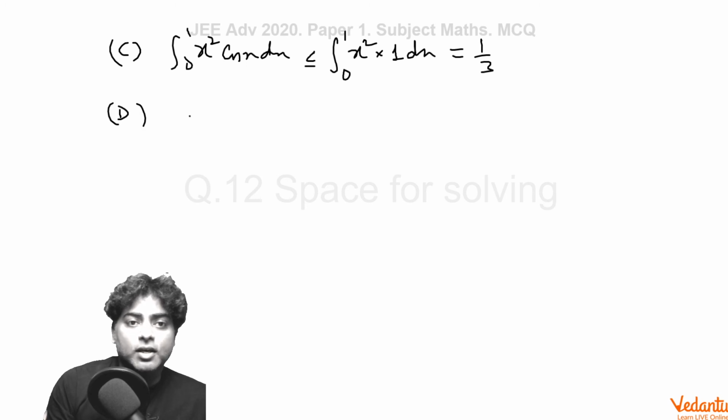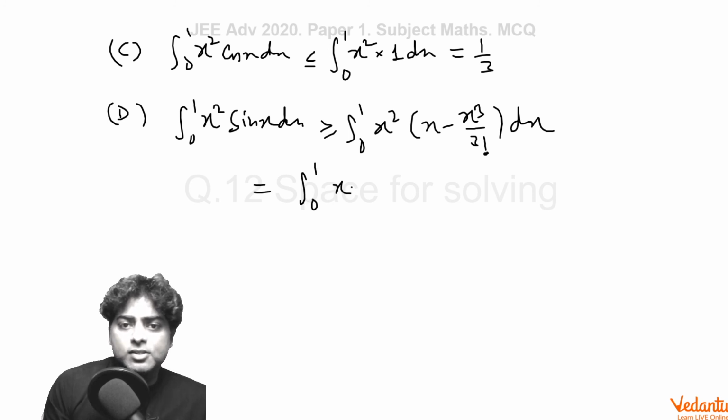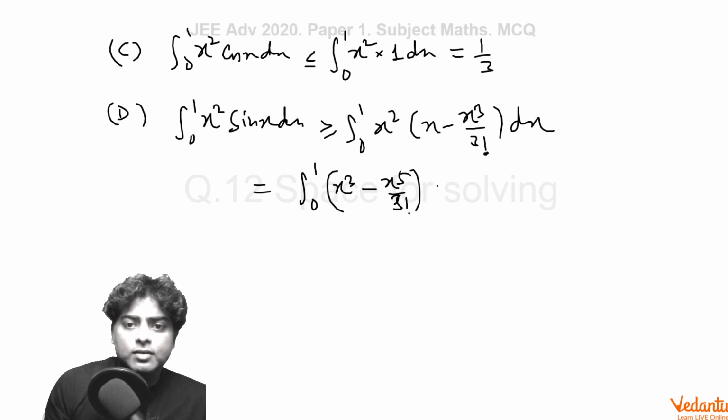Option D: integral 0 to 1 of x square sin x dx is greater than or equal to integral 0 to 1 of x square into x minus x cube by 3 factorial, as we used in option B also. So it is integral 0 to 1 of x cube minus x raised to power 5 by 3 factorial dx.